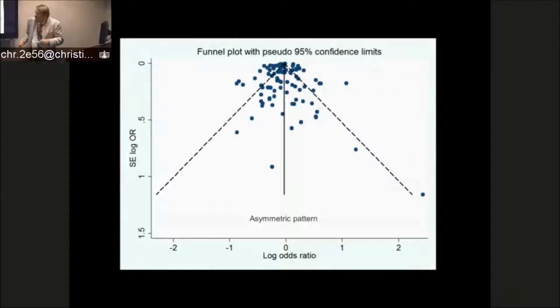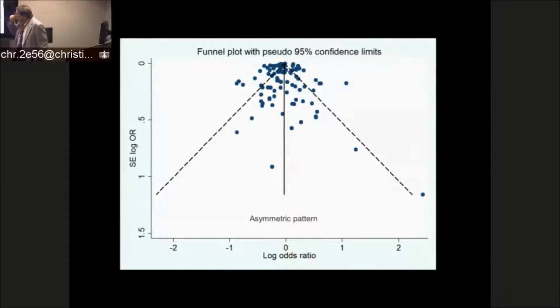Finally, what you'll often see in meta-analysis presentations is what's called a funnel plot. The funnel plot is a plot of the log of the odds ratio from each study against the standard error of the log odds ratio, which is a measure of the variability within the study itself.